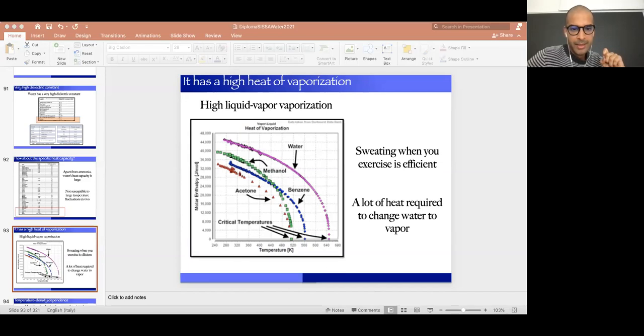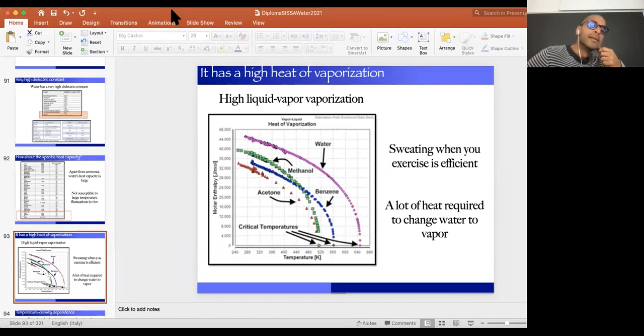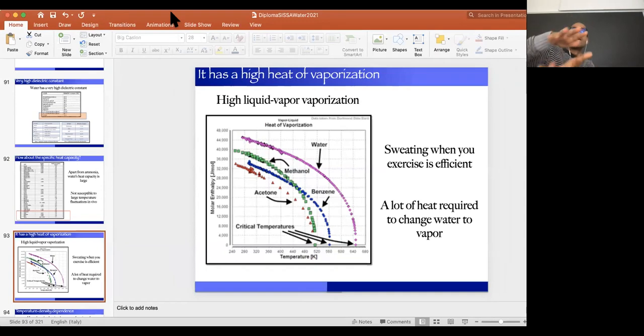Let me see, benzene at room temperature. Probably it has to do with the Van-der-Waals. In benzene you have pi stacking.